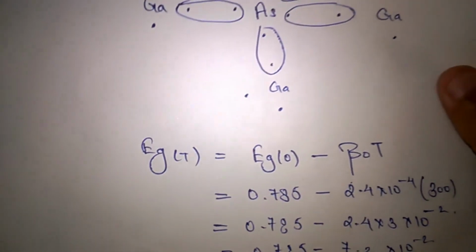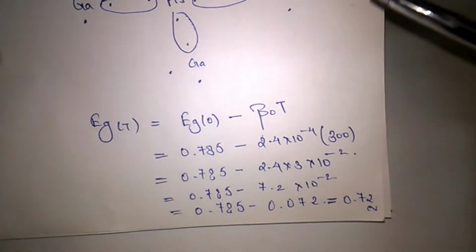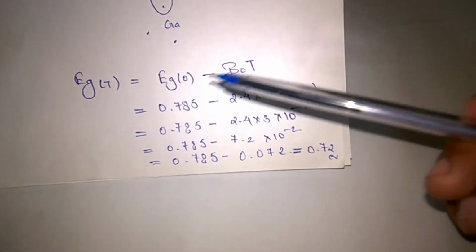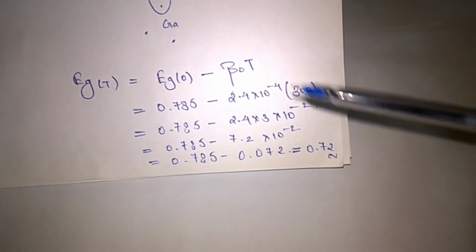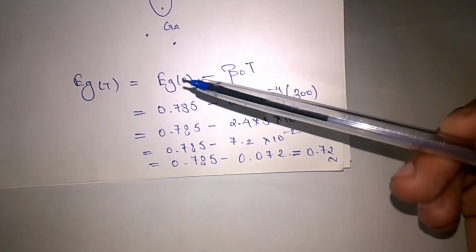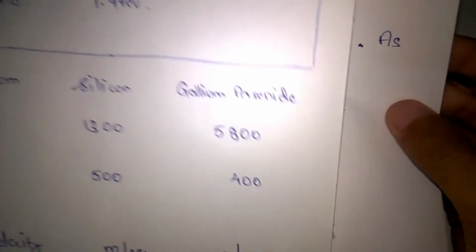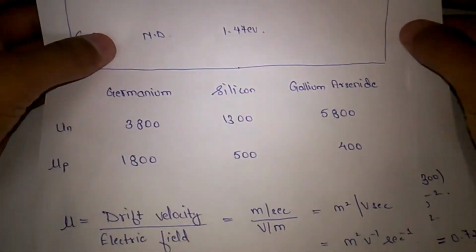Here I have used the beta naught value for germanium, so I have found the result for the germanium atom, and I have also made a tabular form of it.